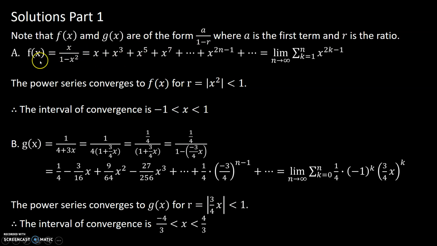So then a quick run through, we have f and g, where f is of the form a over 1 minus r. That's geometric, so we know that a is our first term and r is x². The instructions say to write out the first 4 terms plus the general term, and then also the summation notation.